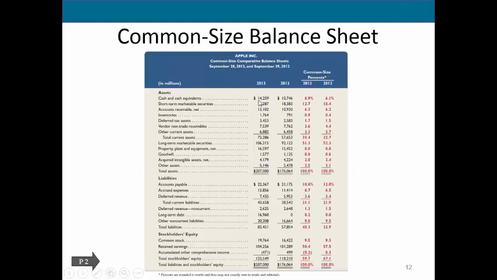So that means that in 2013, as a percent of total assets, or as a percent of the overall size of our company, the amount that we're holding as cash and cash equivalents has increased as compared to the previous year. That's about 0.8% additional in cash and cash equivalents. That's not necessarily a good or a bad thing.